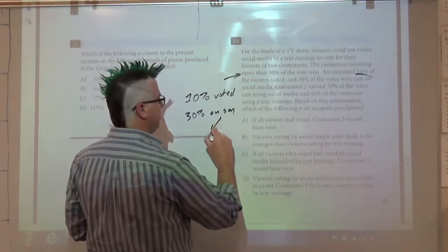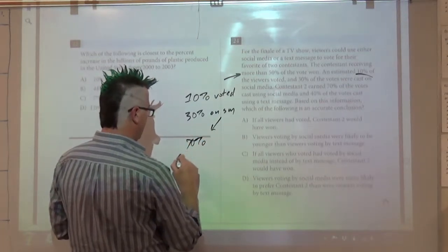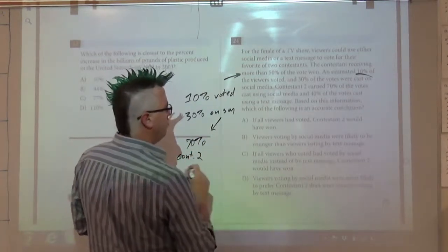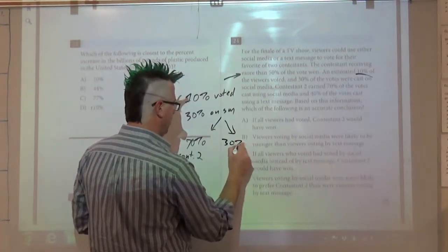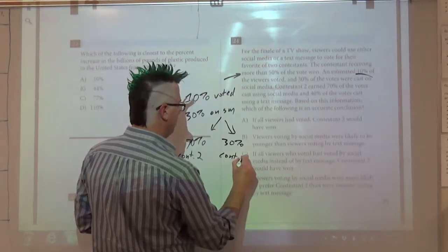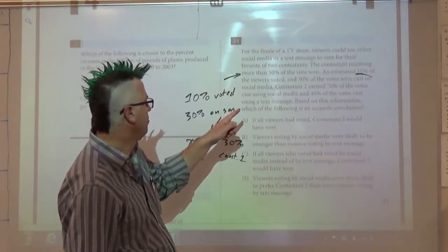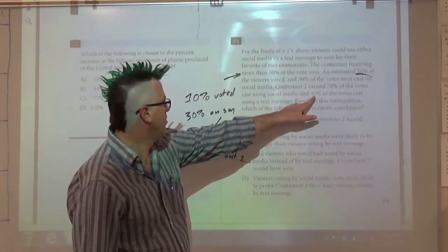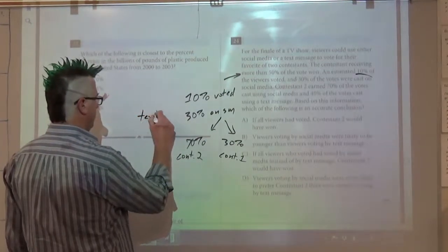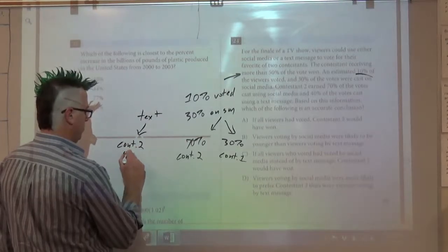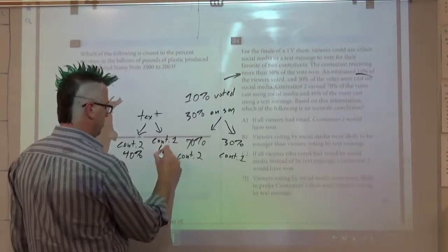So out of social media, 70% went to contestant 2, which means the other 30% went to contestant 1. And contestant 2 got 40% of the votes using a text message. Which means contestant 1 got 60% of those.